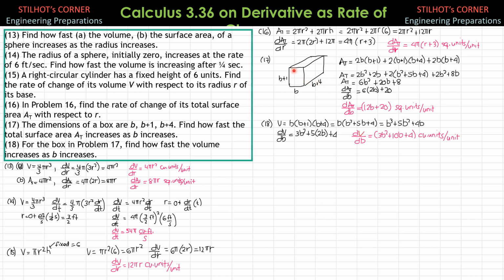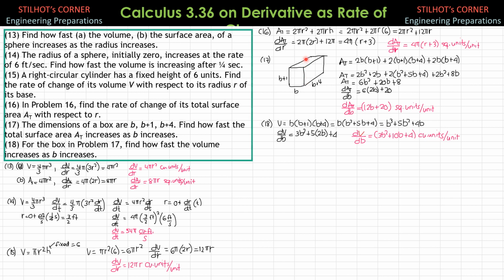area of the front and rear. So 2 times area of this rectangle, 2 times the area of rectangle b times b plus 1. Then plus 2 times area of the top and bottom, so area of the top. So that's why we multiply it by 2, because the top area and the bottom area are equal.